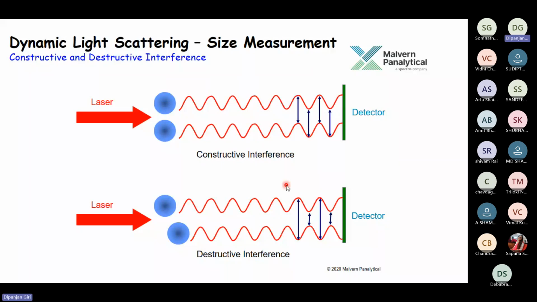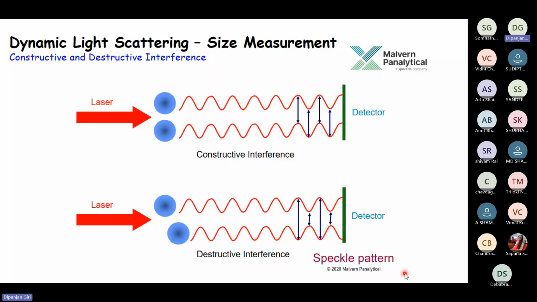Therefore, the intensity received at the detector will form a pattern, at one time enhanced and at another time zero. The constructive interference gives a bright spot in the pattern, and the destructive interference generates a darker spot. This type of pattern is generally known as the speckle pattern.